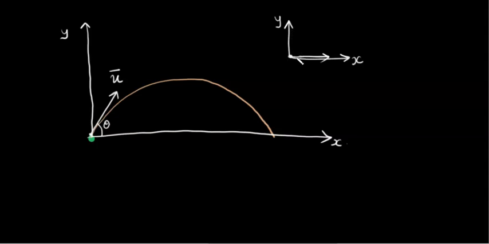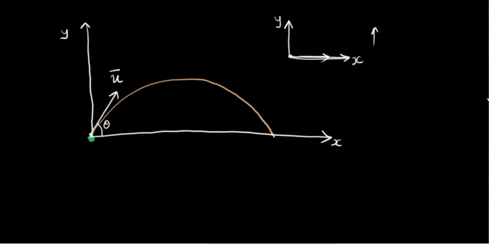Obviously it won't follow a straight path like this, but its horizontal velocity will not be affected. Only the velocity in the y direction will be affected, because the acceleration is only present in the y direction. This is the main important point.